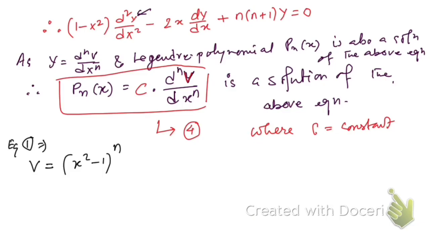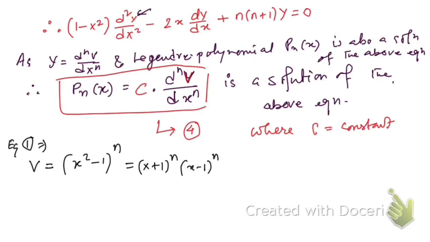Now x square minus 1 can be written as x plus 1 into x minus 1, a plus b into a minus b formula, right? So then here we can write x plus 1 whole to the power n into x minus 1 whole to the power n. We can write this way, right?